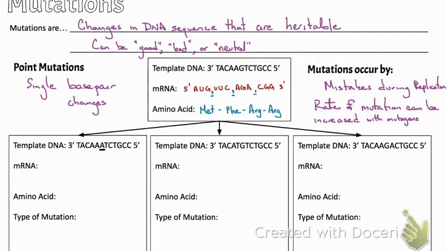If we write out our mRNA sequence, we'll start out with AUG again, and now instead of UUC, we're going to have UUU, AGA, CGG as our last 3 letters.